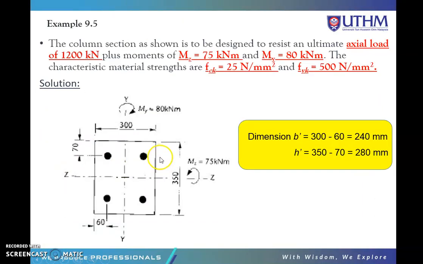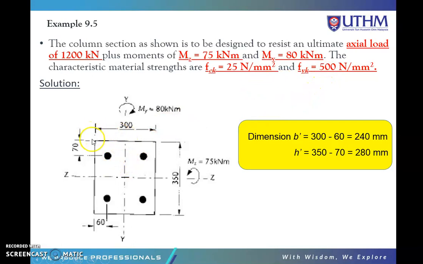So, kita tengok example. Okay, example 9.5. The column section as shown is to be designed to resist the ultimate axial load of 1200 kN plus moment Mz and My. So Mz is 75, My is 80. So give the characteristic strength, fck is 25, fyk is 500.